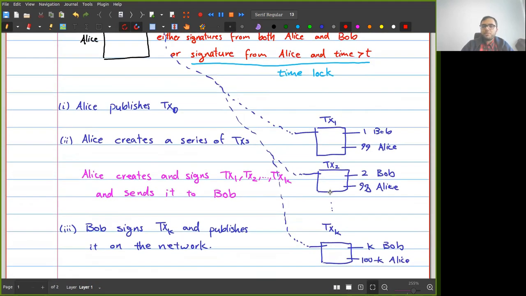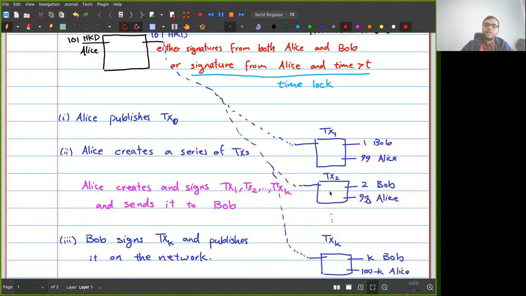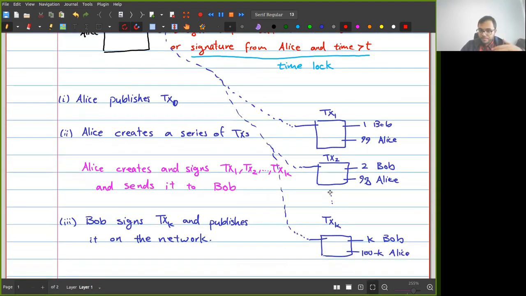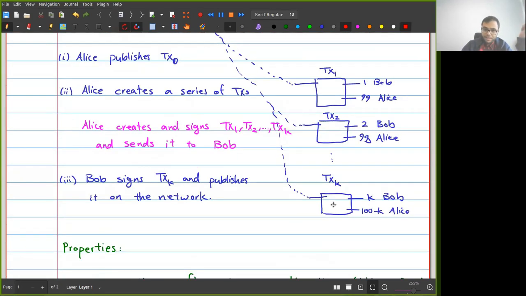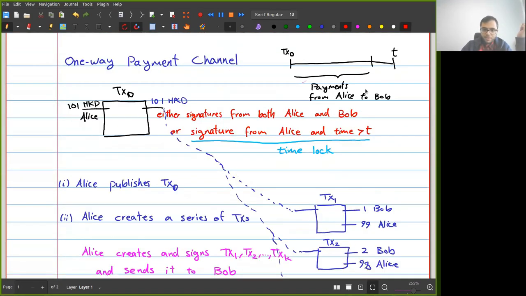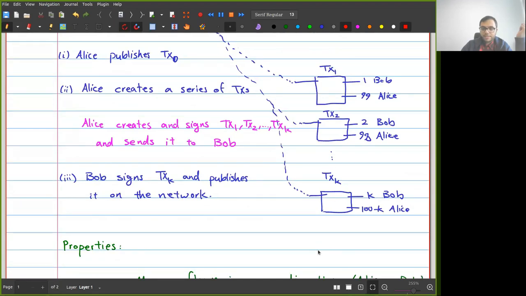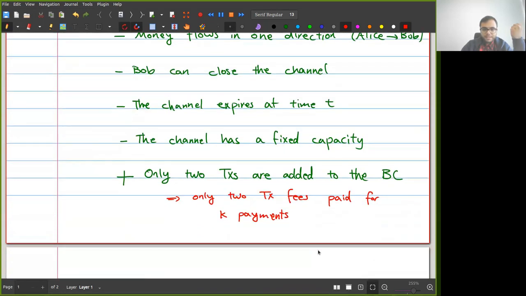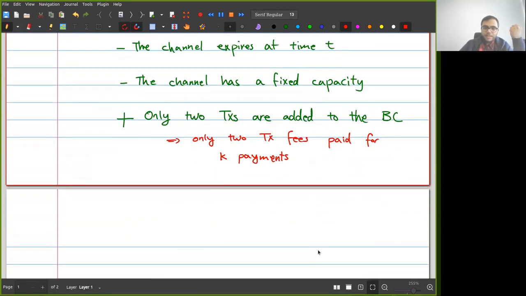Because we are sure that Bob can settle that payment later on. We're sure that Bob can finally, at the end of the entire time frame here, publish the last transaction and get his money. So in a sense, now we have instant payments, which is another huge point. I'm going to add it at the end of this page. Payments are instant.